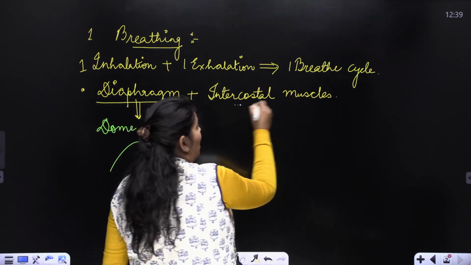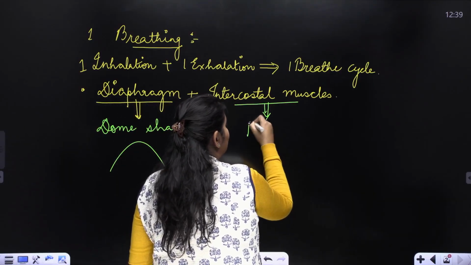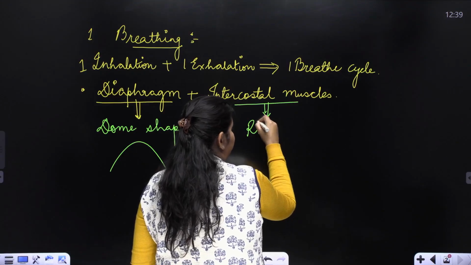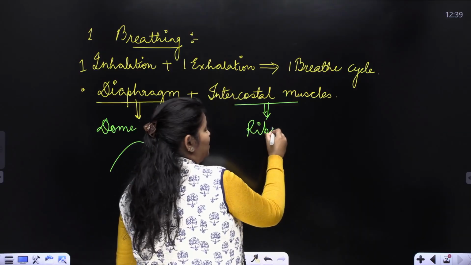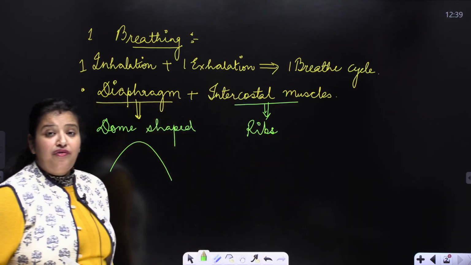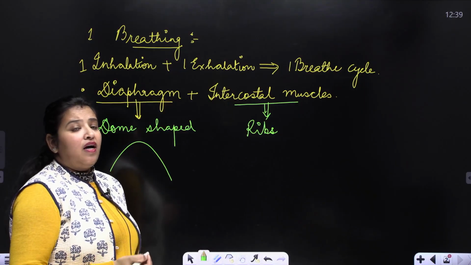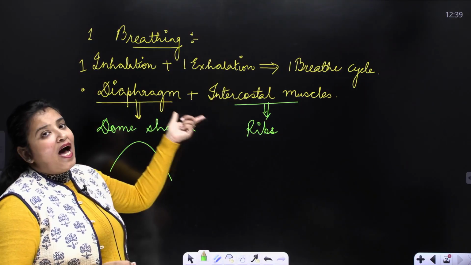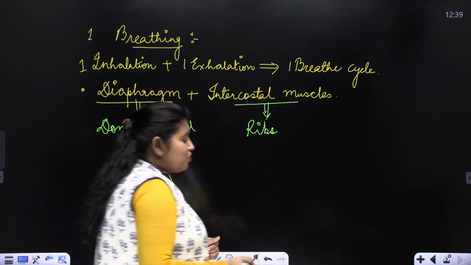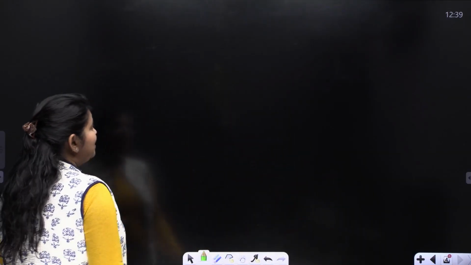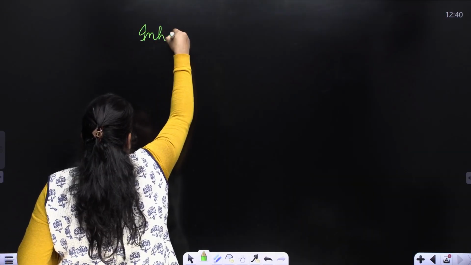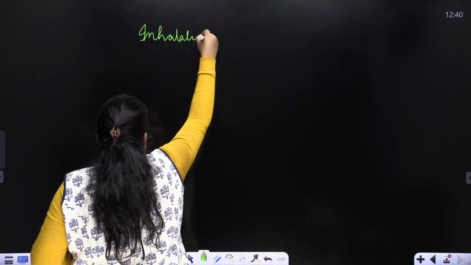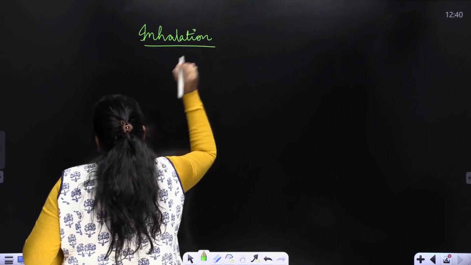Intercostal muscles are attached to the ribs. So how do they play a role in inhalation and exhalation? Let us quickly have a look at that. When I say inhalation, what happens?